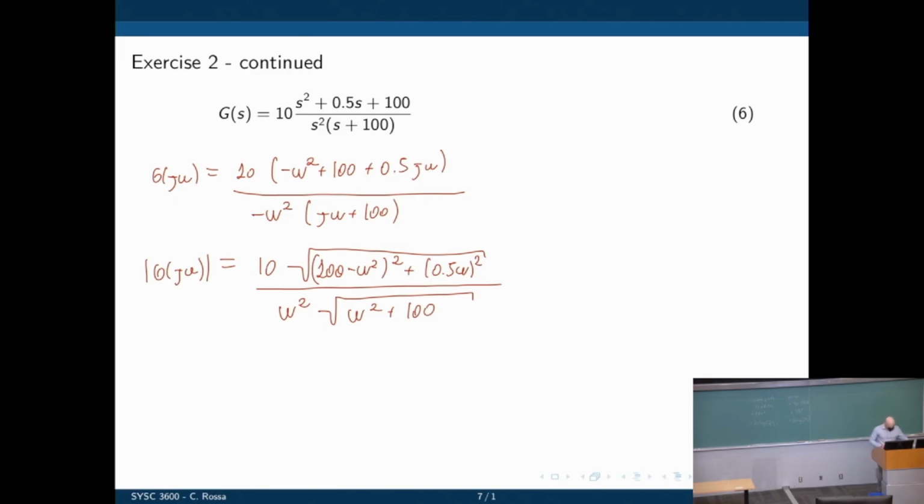At 10 radians per second, the magnitude of j omega is approximately 0.005. 20 log of 0.005 is negative 46 dB.